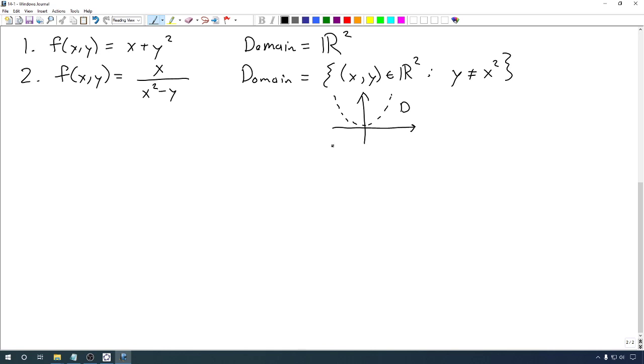Now, if you look in the book on a lot of these examples, they actually put colors to denote what parts are in the domain, what parts aren't. That's a little difficult for me to do here, so I'm just going to describe it. But the point here is that everything except for this dashed line is in our domain.